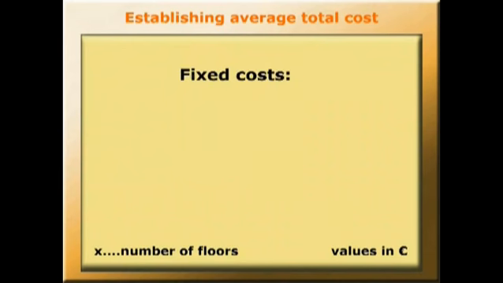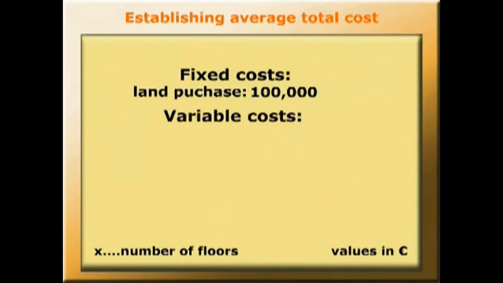The costs of building the hotel have been estimated as follows. We'll have x as the number of floors, and all values will be in euros. The only fixed costs are associated with the land purchase of 100,000 euros, and the variable costs are as follows.